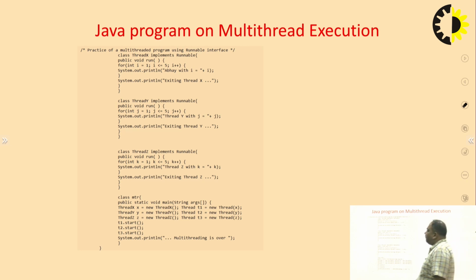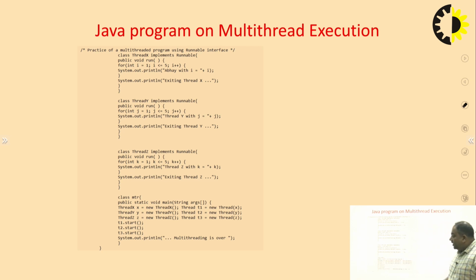By using a for loop, we have given that the thread will execute only 5 times: thread I 5 times, thread J 5 times, and thread K 5 times. Now this is the run method.